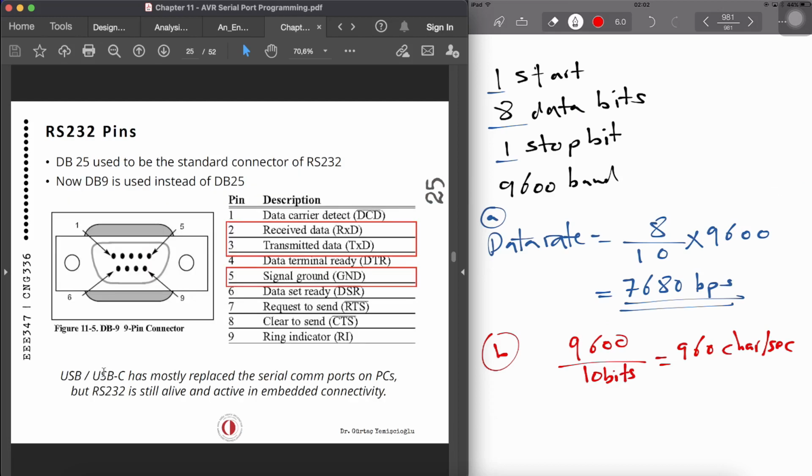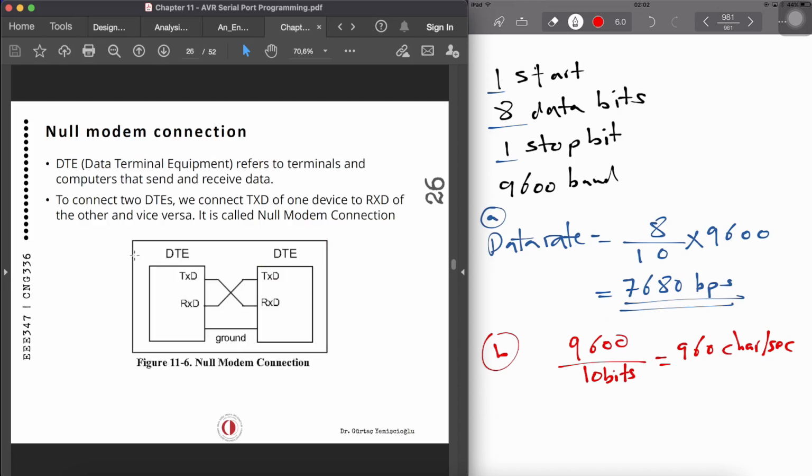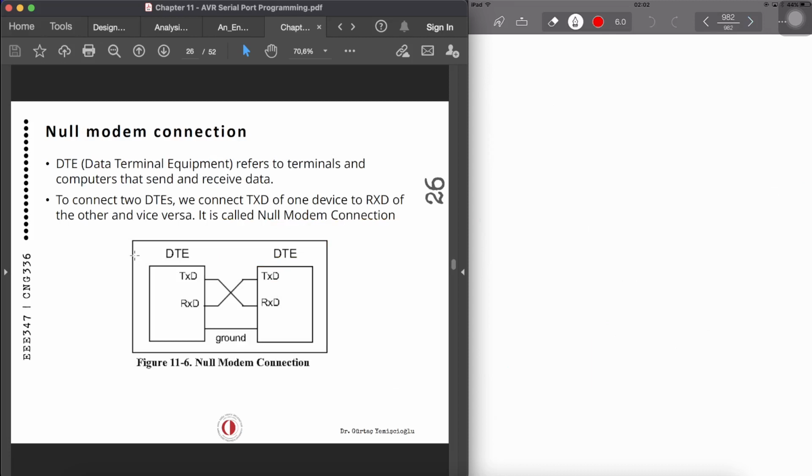Now, one important thing, we have to know that we can use only 3 pins, and you have to know the pin numbers when you are connecting it to the AVR. And the important connection is the null modem connection. So you can say that the device or the peripheral or the PC is DTE, data terminal equipment, and on the other side you have got an AVR as a data terminal equipment.